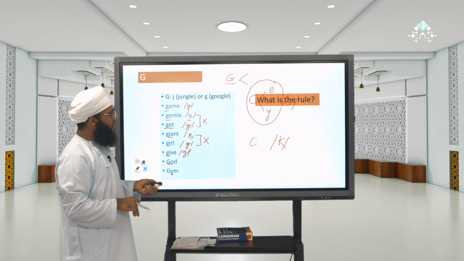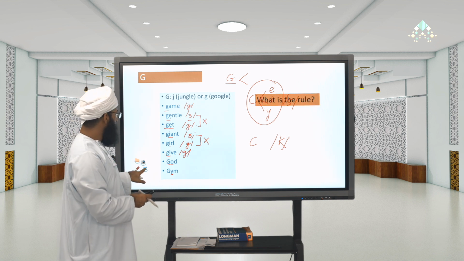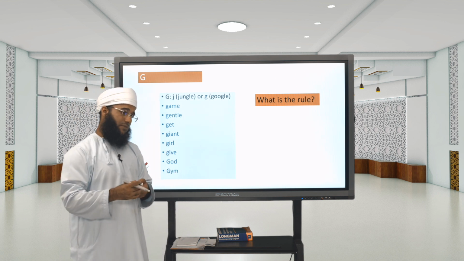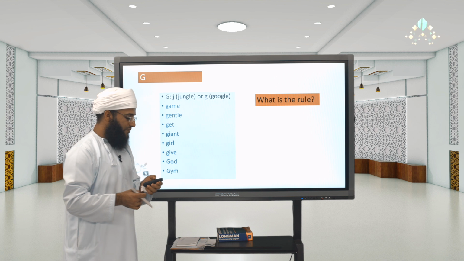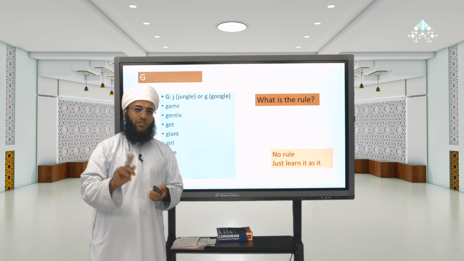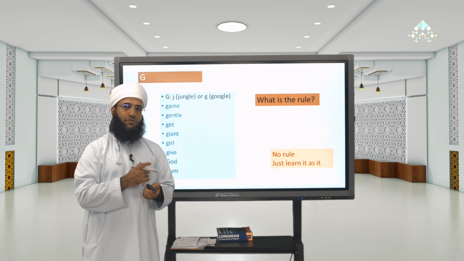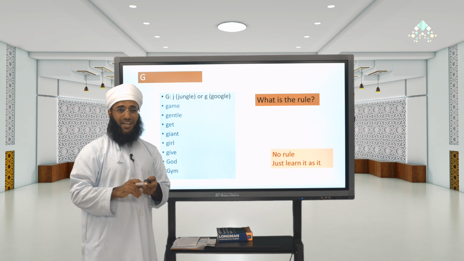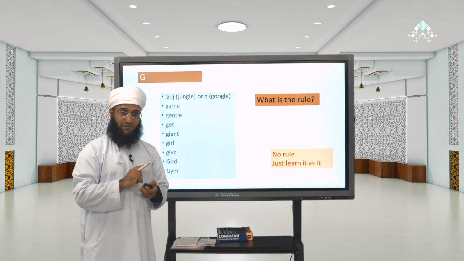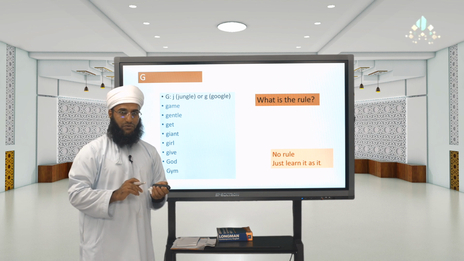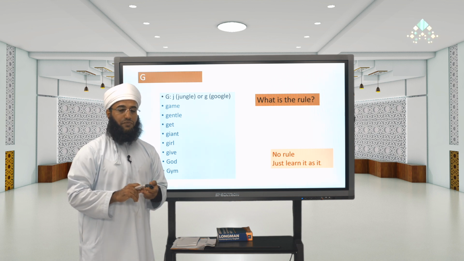So what is the rule here? Can you guess? As you know, there is no clear rule for G, for the J sound, for the letter G. There's no clear rule that you can follow. So what do you need to do?